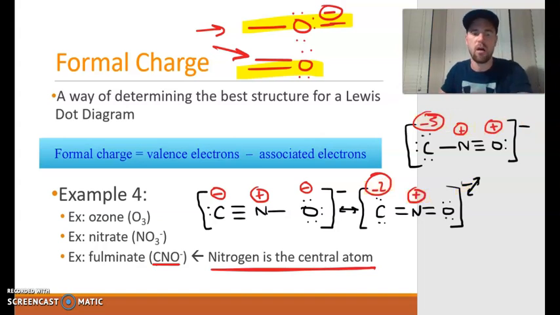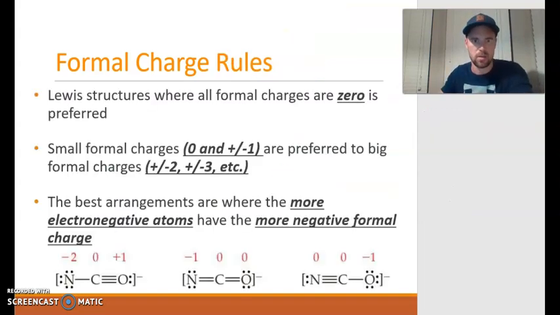Now, what the heck do all these formal charges tell you? Formal charges are going to help us figure out the best, or most stable, I should say, most stable structure. So one thing to keep in mind is that Lewis structures where all the formal charges are 0 are preferred. If you can get the Lewis dot structures bonded in such a way where they're all 0, that is to be preferred.